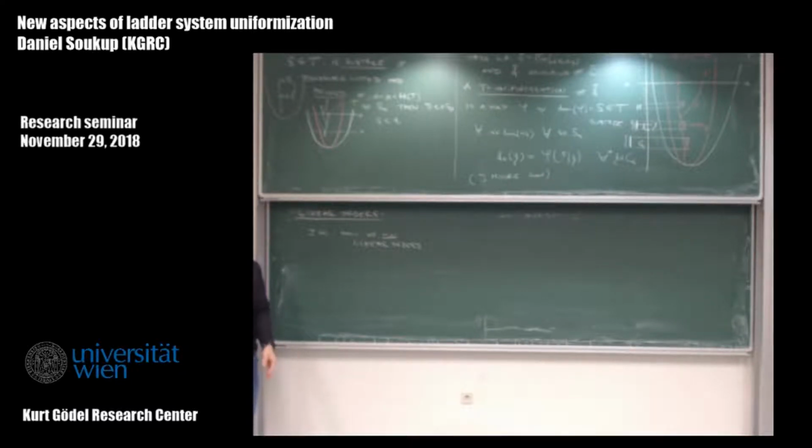Yeah, I'm assuming ZFC in this. Actually, without any choice, you don't have any ladders. It's consistent with ZF that there are no ladders. Yeah, this must be a very weak assumption, though.